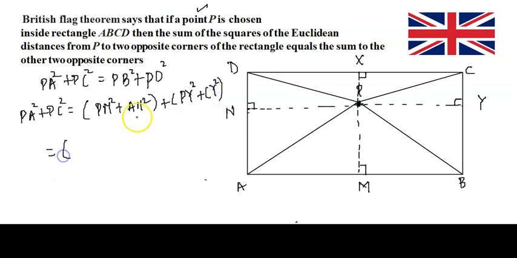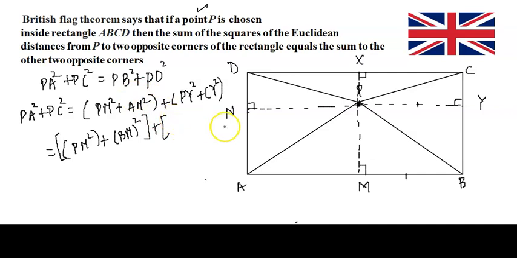Now this PM square plus PY square. PY square can be written as BM square. So instead of PY square, we can say BM square. This is one bracket, and the remaining is AM square.